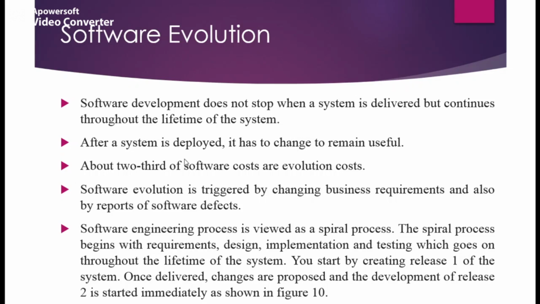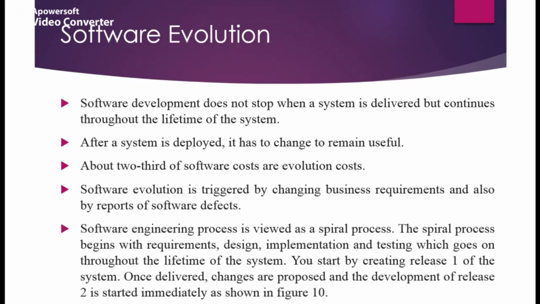About two-thirds of software cost are evolution cost. Imagine. Software evolution is triggered by changing business requirements and also by reports of software defects. Now, why is there software evolution?